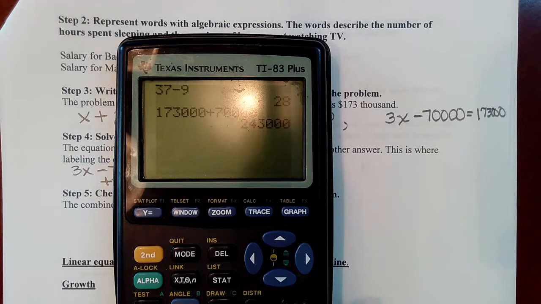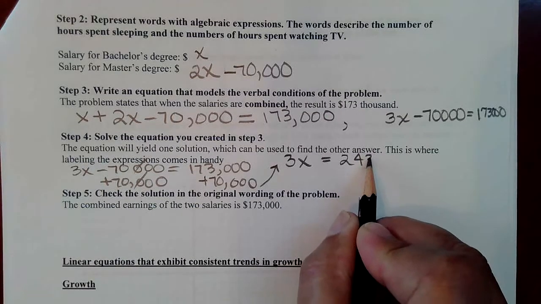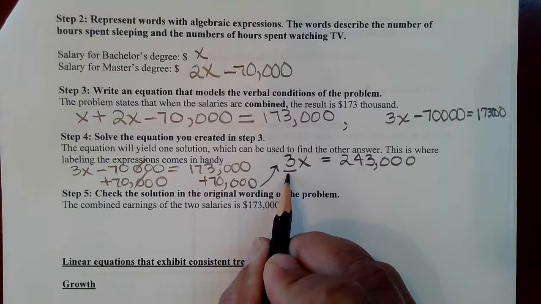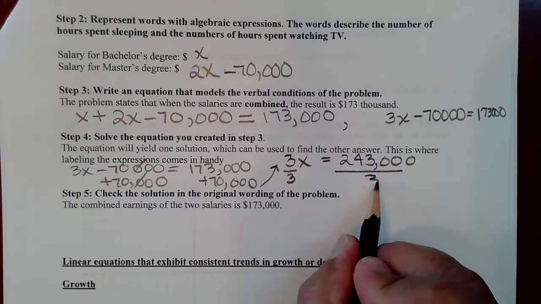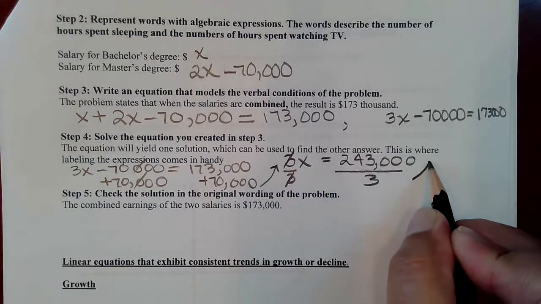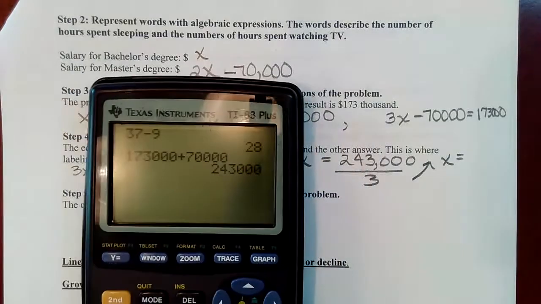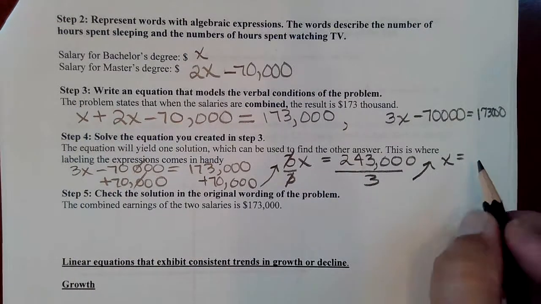And that gives you 243,000. And then go in for solving for X by removing this multiplier by using the inverse operation, which is division. So that gets rid of this, bringing us into X is equal to 243,000 divided by 3, and we have 81,000.